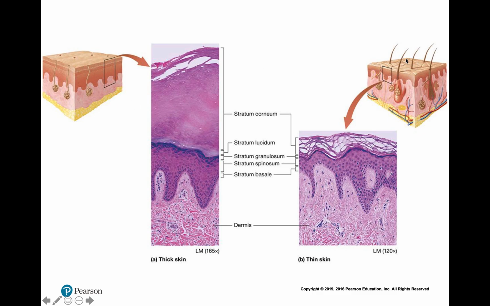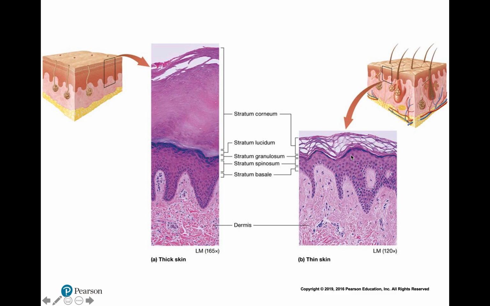Over here in thin skin, we see hair follicles and hair shafts and sebaceous glands. But in thick skin, we don't see hair. If you look at the palms of your hands or the soles of your feet, you don't really have hairs there. But you will see prominent sweat glands. Your palms do get sweaty, especially if you're under some sort of stress or fear. It's because you find sweat glands, but no hair follicles.